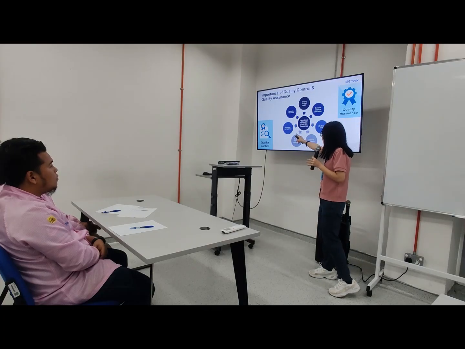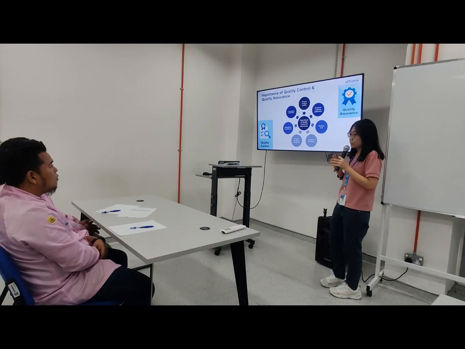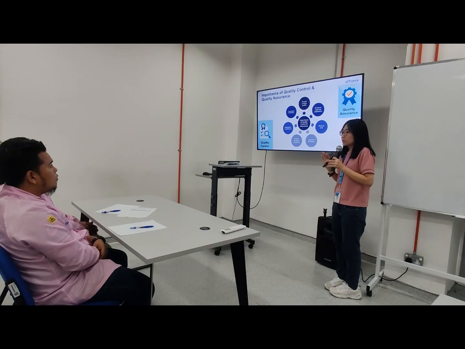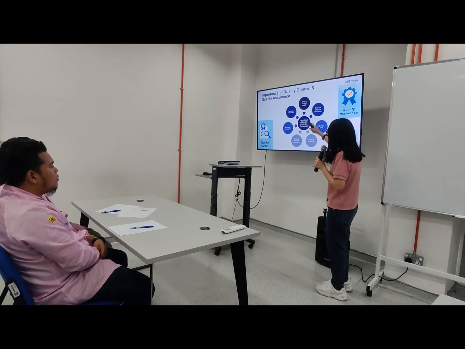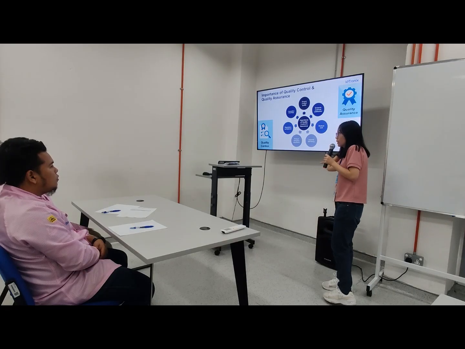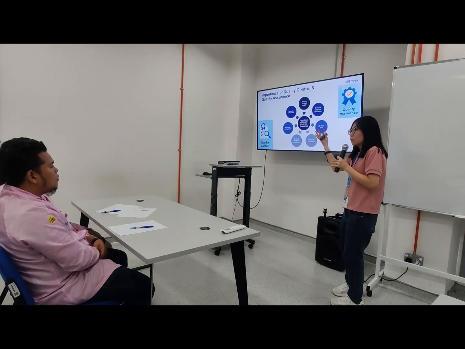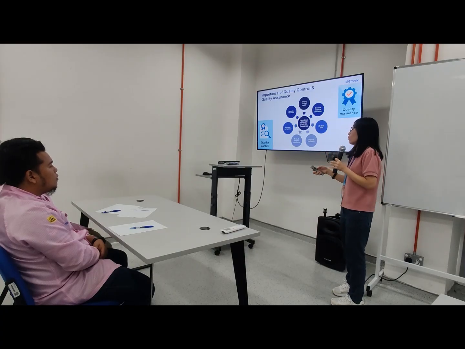Next, we have regulatory compliance. It's very important. We need to fulfill all the standards and regulatory requirements, the rules and regulations. For example, RoHS, the environmental aspect, that one for sure we need to fulfill. Next will be competitive advantage, which means our company is able to compete with other companies.